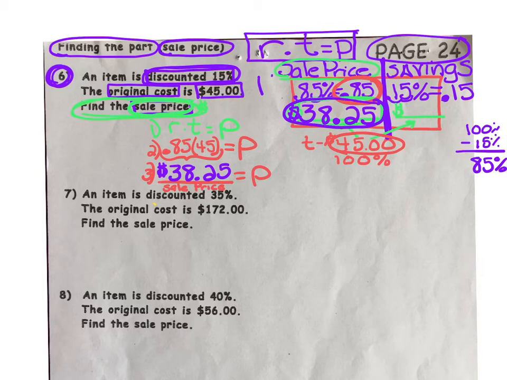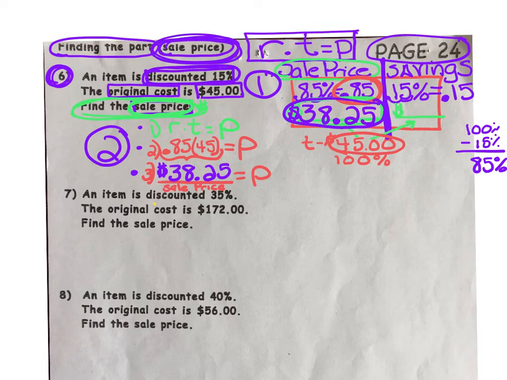Make sure you organize your information in a tape diagram, number 1. And then number 2, make sure you use the 3-step process to calculate the part you're looking for. And in most of these problems, you'll be calculating the sale price.